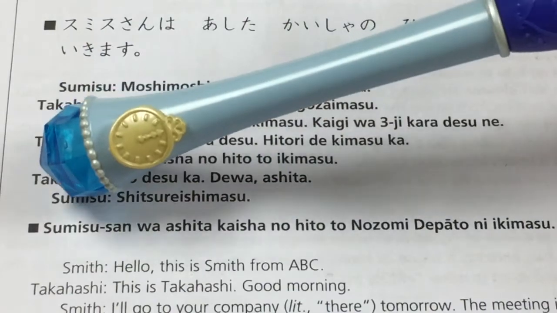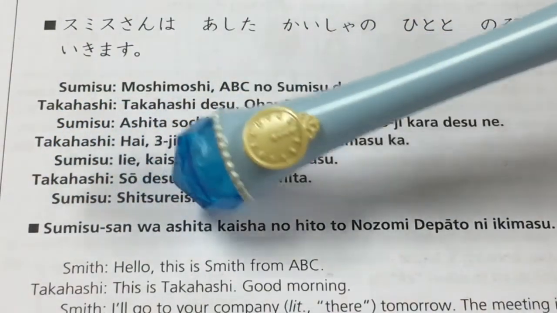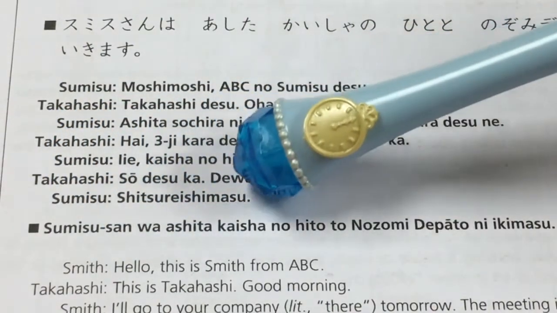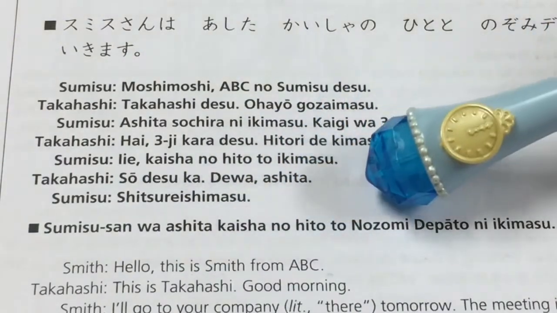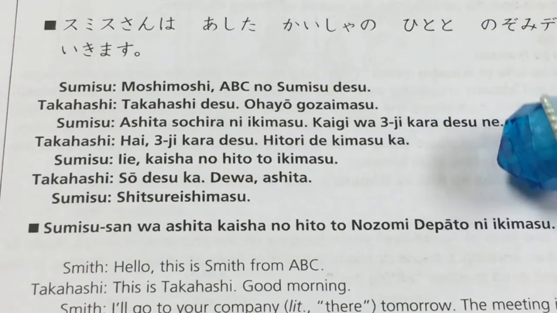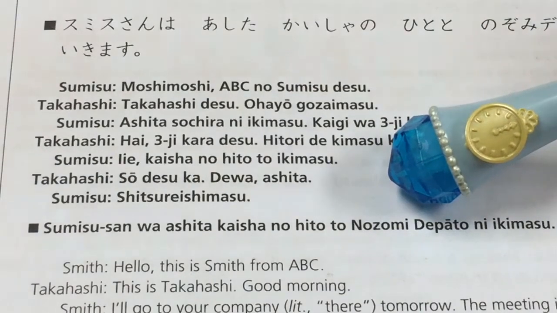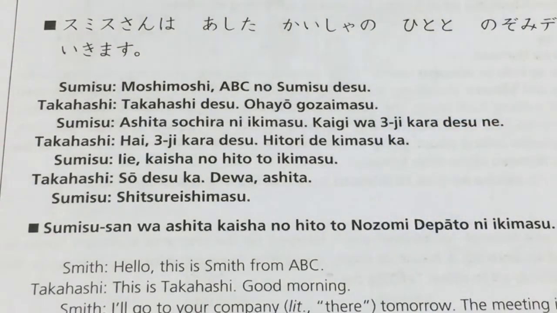So they conclude as Smith-san, Mr. Smith, 明日 tomorrow, 会社の人と with a colleague from the company, のぞみデパートに来ます, going to the Nozomi department store.